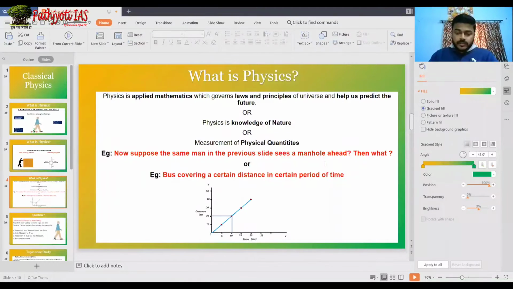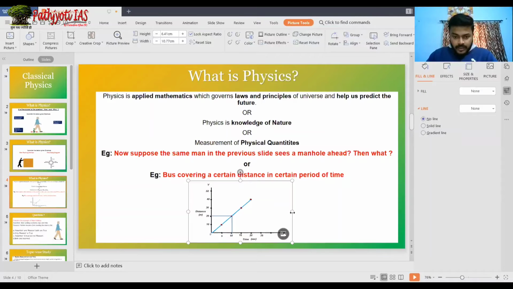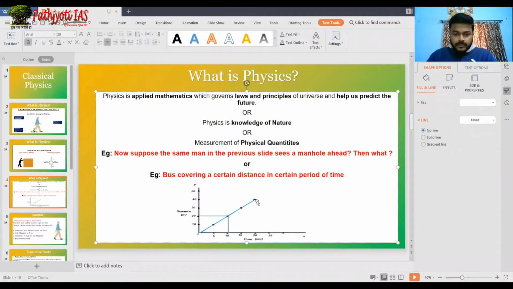One more example to make your concepts clearer regarding the topic. Can you see this graph clearly, or do I need to expand it more? Is it fine now?